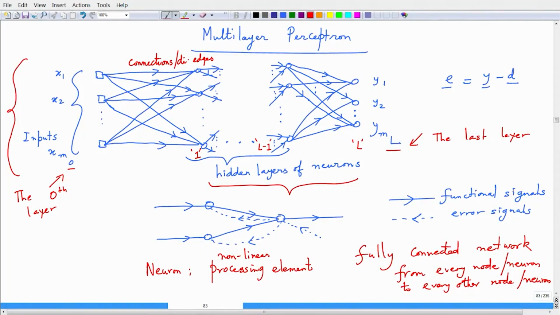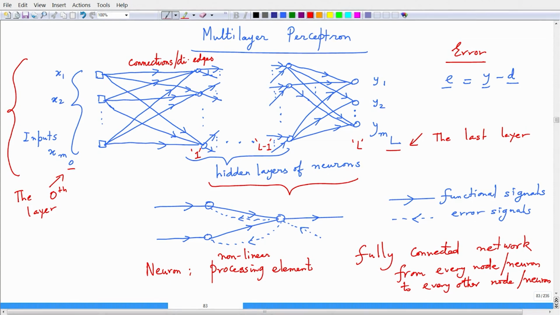Now, our goal is to formulate a criterion for the error. So, our error vector which is given by E is vector y minus vector d, where y is the stack of all the outputs y1 to y m suffix L, and each of these outputs have a corresponding desired response which is given by this vector d that corresponds to y1 through y m suffix L. So, how does this work, right?